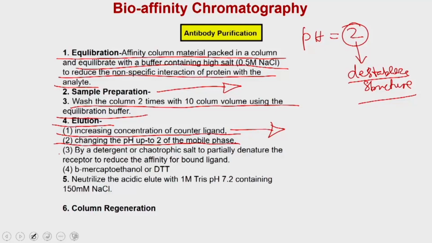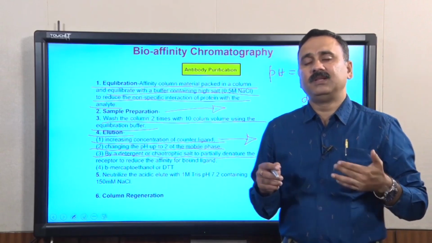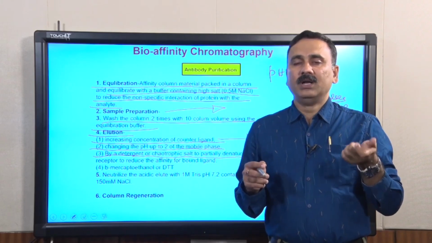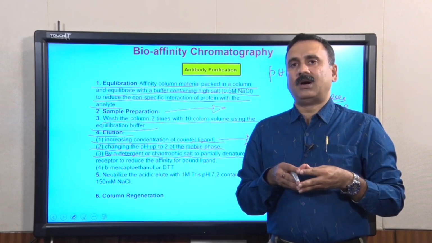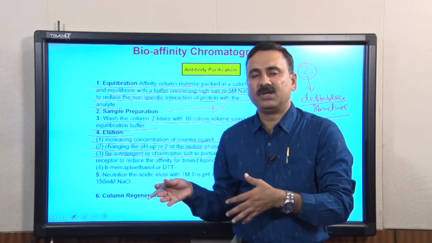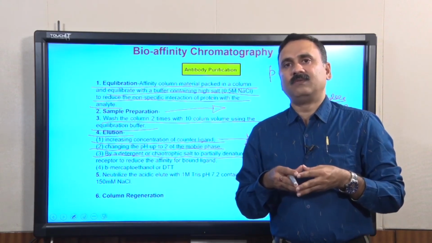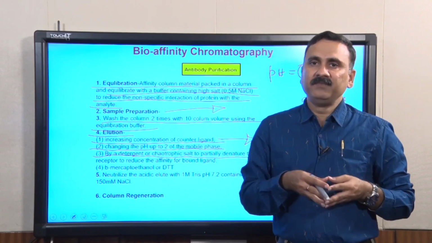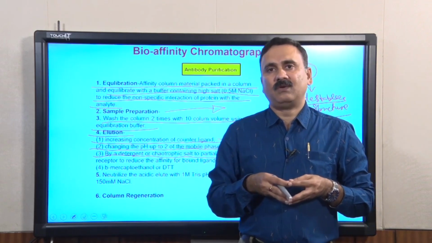Now, the third is, you can use a detergent or a chaotropic salt. When you use the detergent or the chaotropic salt, it means you can use urea or guanidinium hydrochloride. All these 3 options, whether you use the detergent, urea or guanidinium hydrochloride, are going to affect the structure of the antibodies, and eventually they are going to compromise the 3-dimensional structure of the antibody.